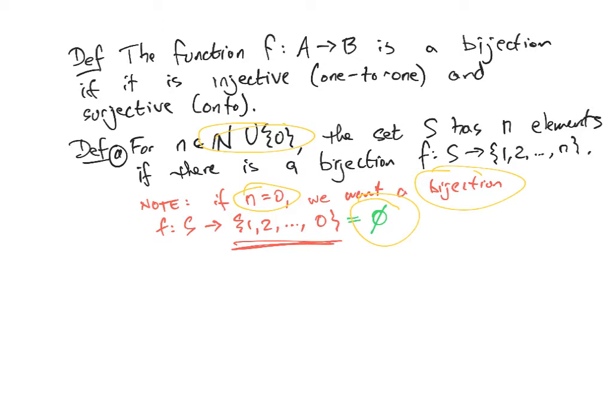Okay, and actually, think about it. There's only one set that's going to have that bijection. It's going to be the empty set. Okay, I see the reason for why the book is being careful. But anyway, only the empty set is going to have that bijection.